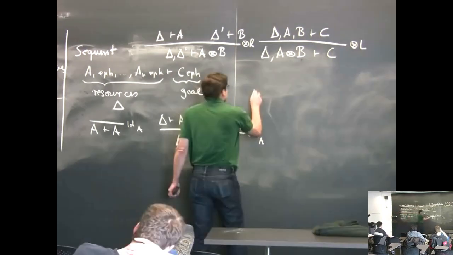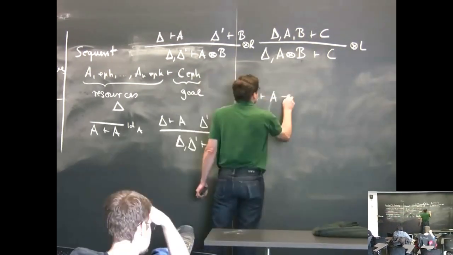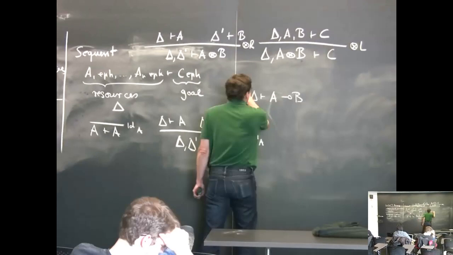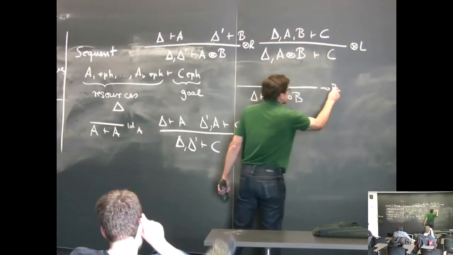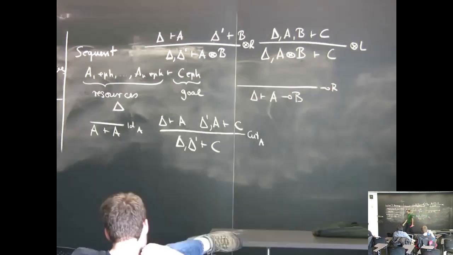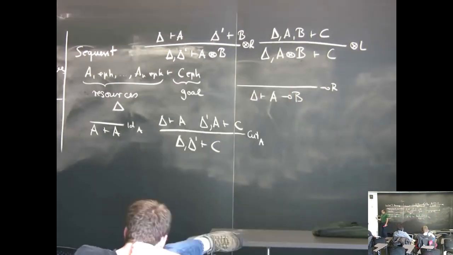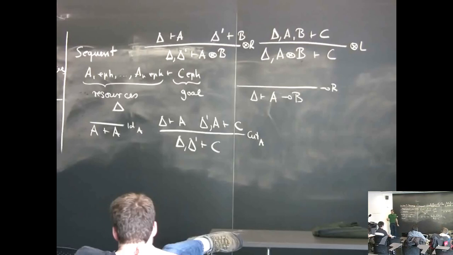So the right rule for implication says, actually, somebody can tell me, how do I achieve the goal A linearly implies B, or A lolly B? What does it mean intuitively?